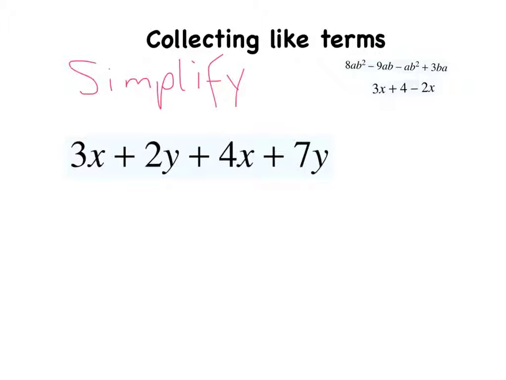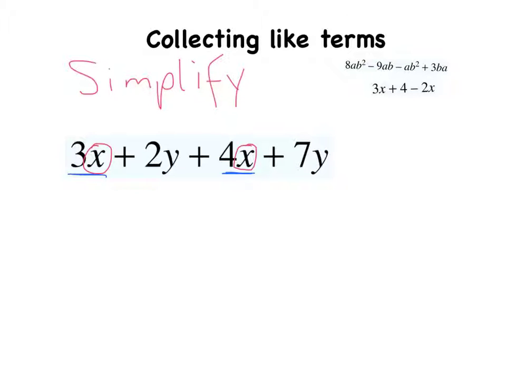Now, when I look at this, I've got 3x plus 2y plus 4x plus 7y. I've got a 3x and I've got a 4x. They are like terms because they contain the same pronumeral factor of x.